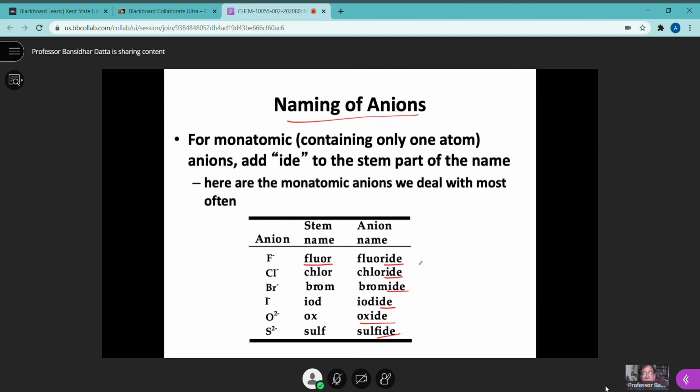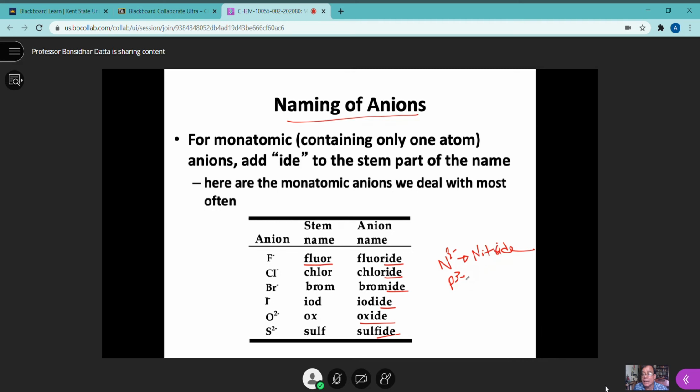So fluoride, chloride, bromide, iodide. These are all coming from our group 7A. You can also have N3 minus and P3 minus. The name of this one will be nitrogen, so nitride, -ide.